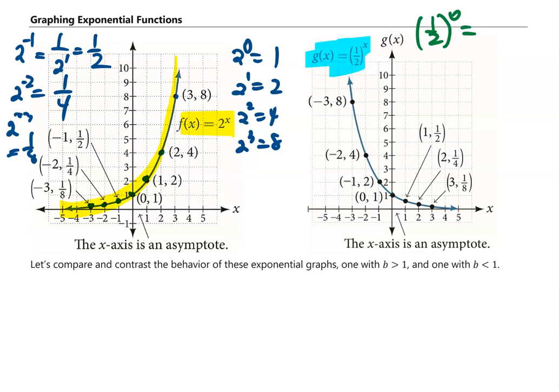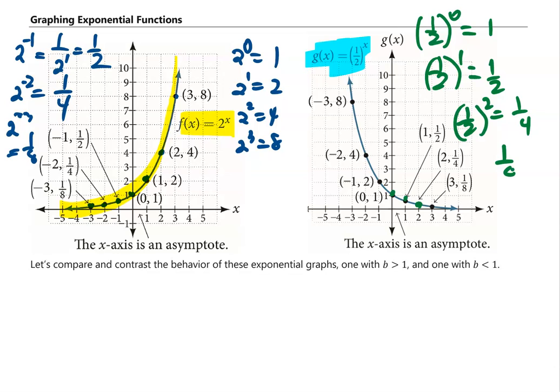Any number raised to 0 is always equal to 1. 1/2 raised to 1 is equal to 1/2. 1/2 raised to 2 is 1/4, and 1/2 raised to 3, 1/2 times 1/2 times 1/2 is 1/8. So you have this point.